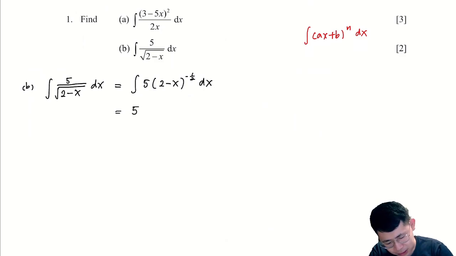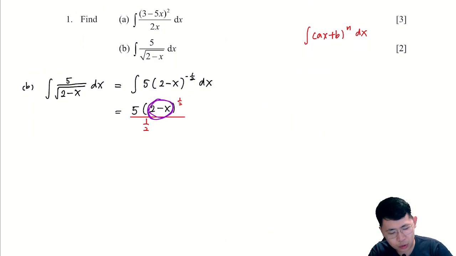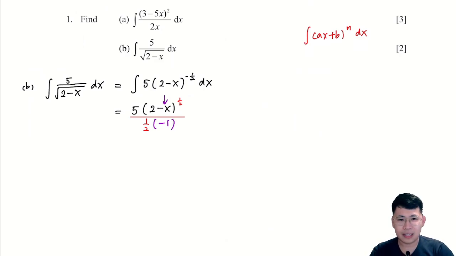The result would be 2 minus x, power plus 1, so negative half plus 1 is half, divided by the new power. And you remember when you do chain rule, you multiply with the negative 1, so reverse chain rule means divide by the negative 1. You differentiate this content to get the negative 1, so we need to divide by the negative 1 as well.